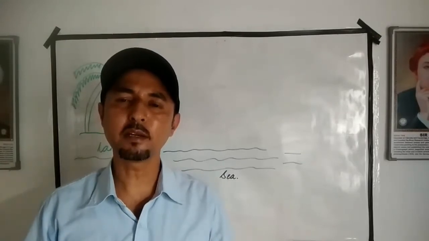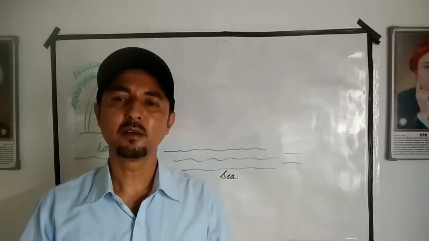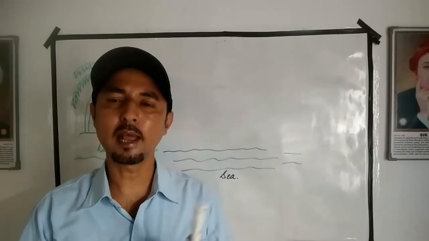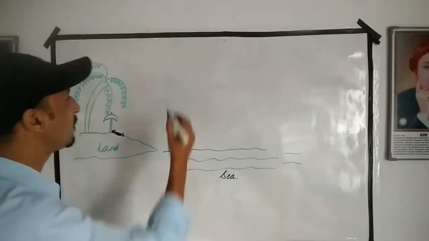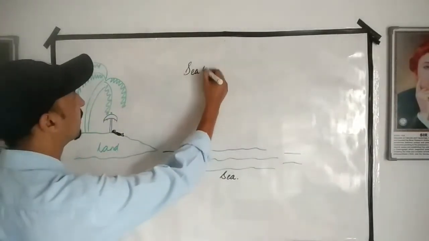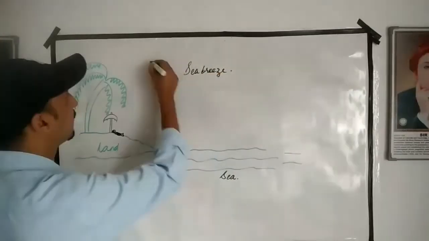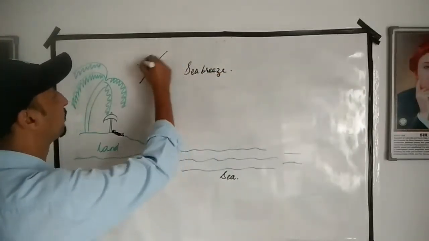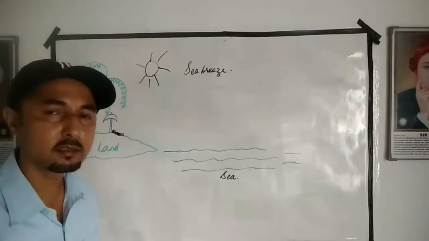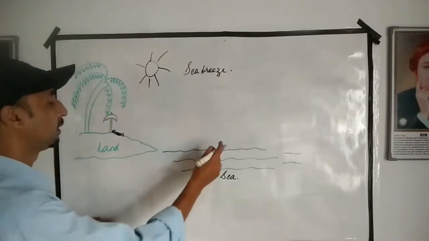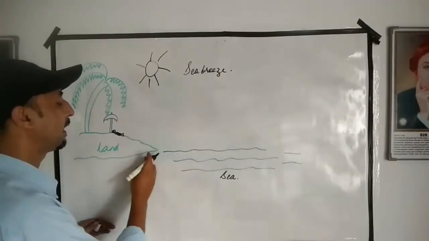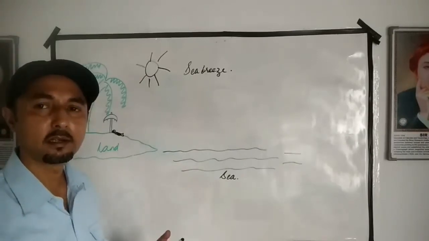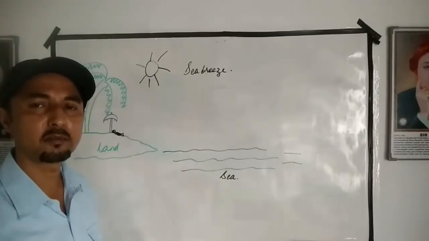This movement of cool breeze from the sea to the land is known as sea breeze. This happens during the daytime. It is because during the daytime, the sea and the land start heating up because of the rays of the sunlight.